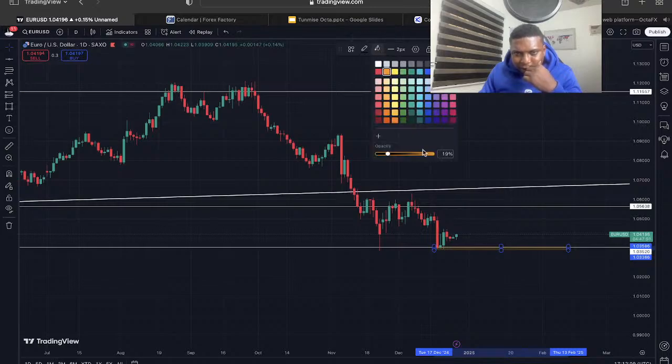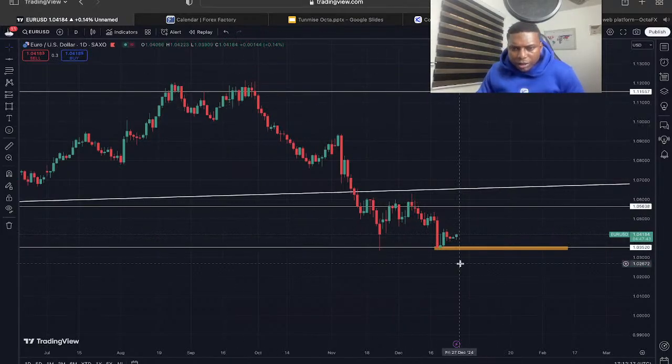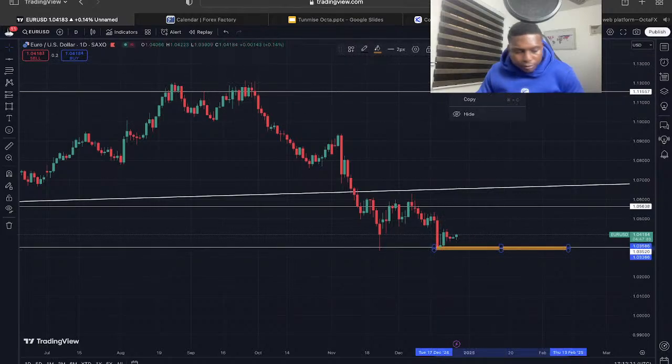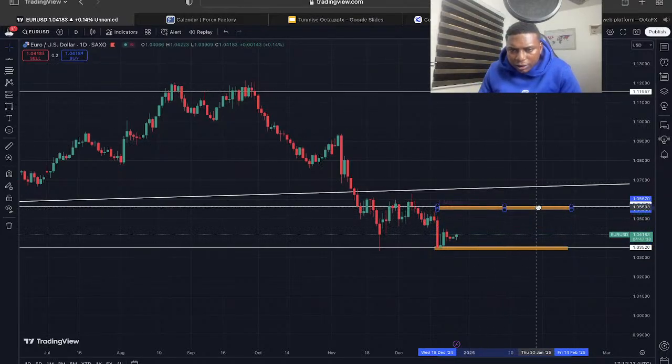We can set a sell order here, and we can equally set another sell order here.